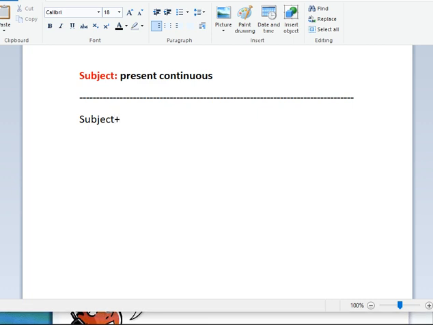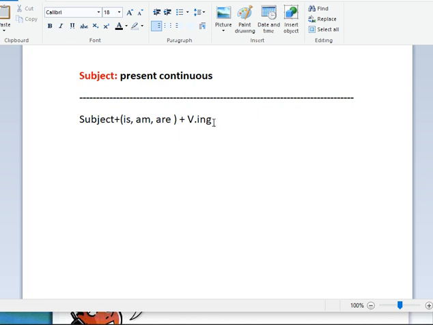Then we will have the verb to be, like is, or we have are. Then we will have a verb, and we will just add ing to the verb. We will not write the base verb. We will write verb plus ing.